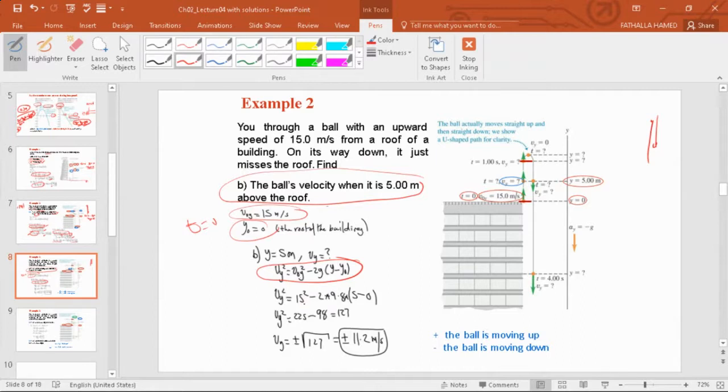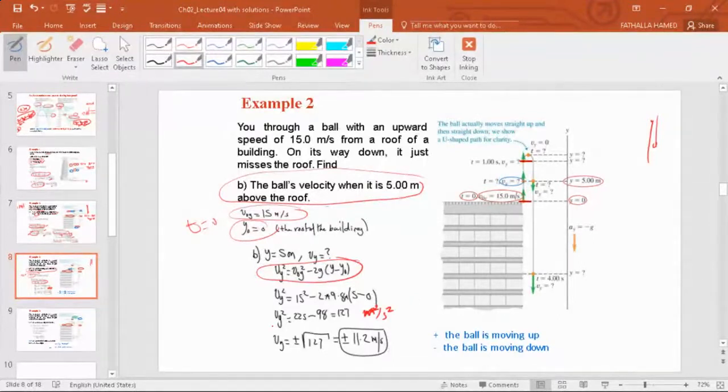Now, the V0 squared is 15 squared, minus 2 times 9.8, and the position y that they want is 5, which is positive 5, and your initial is 0. 15 squared is 225. 2 times 9.8 times 5 is 98. So you get 225 minus 98, which gives you 127 meters squared per second squared.